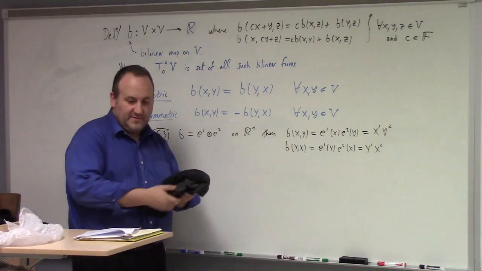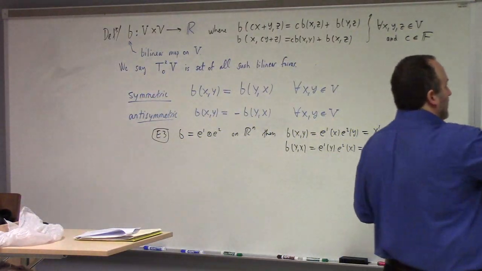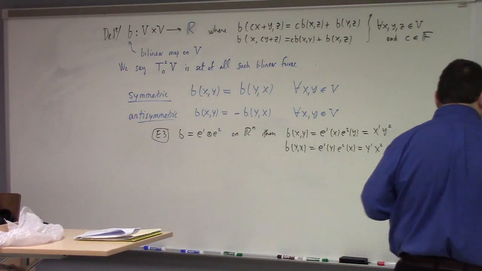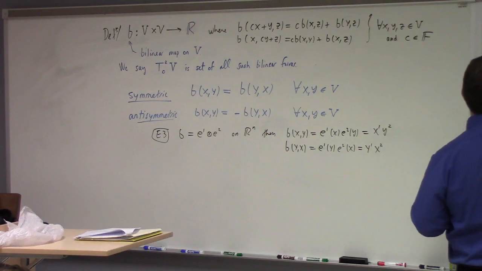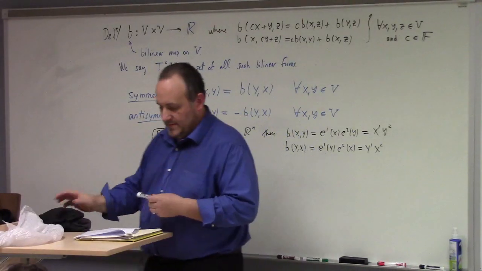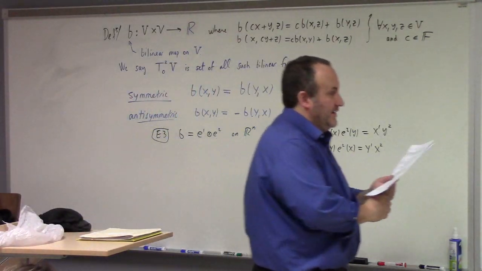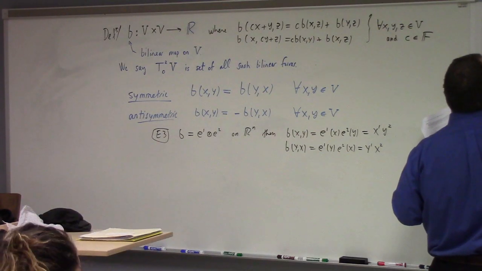Did you guys have any suggestions? What do you think might be true about the set of all bilinear forms? No ideas? How about this? We can take any old bilinear form, B(x, y), right?